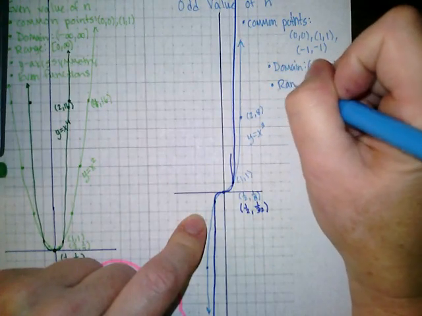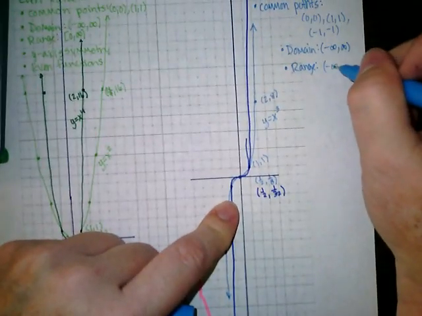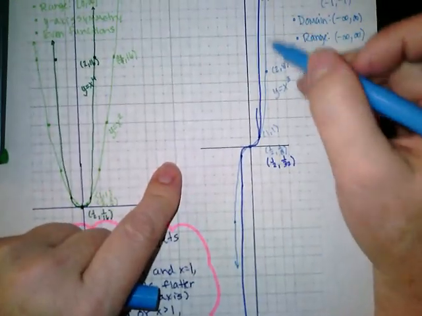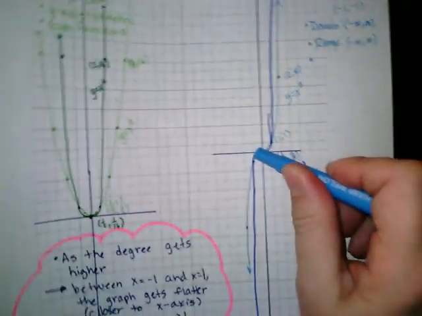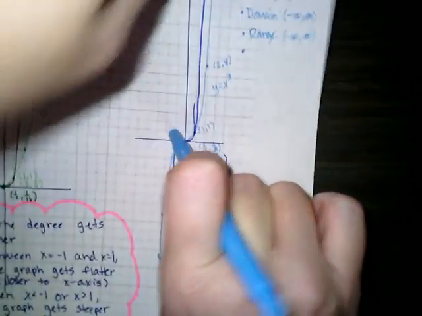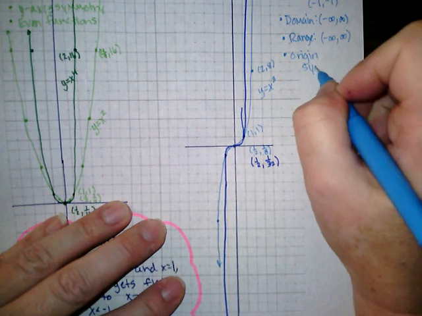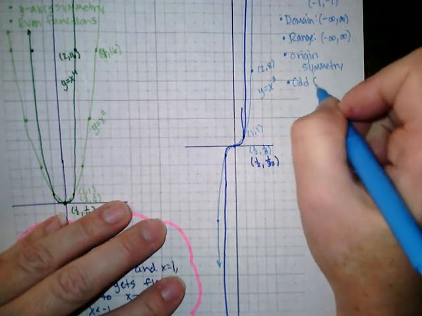And the range this time, bottom to top, is also going to be -infinity to infinity. Symmetry. This one, if I rotate my graph 180 degrees, it should look exactly the same as it did before. So that has origin symmetry, which means they are both odd functions.